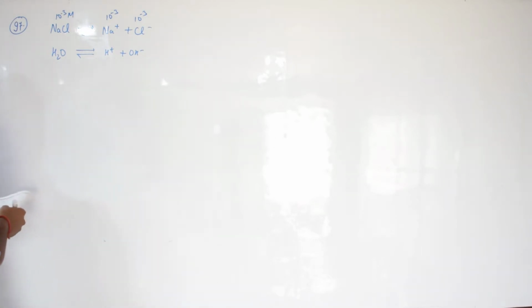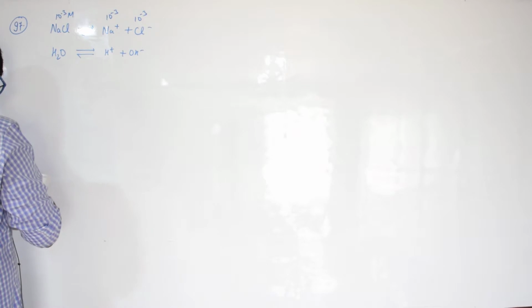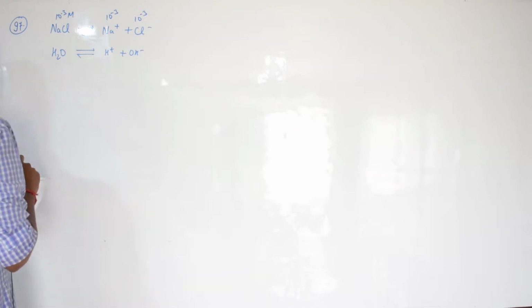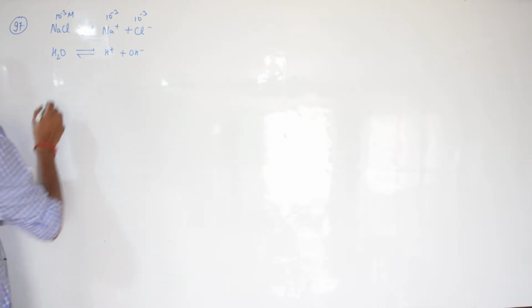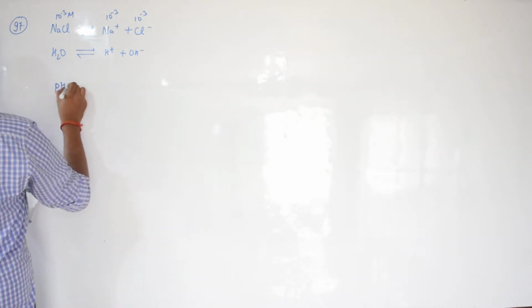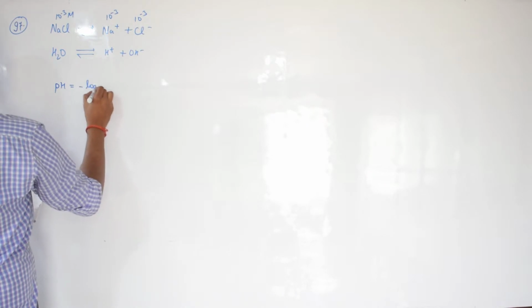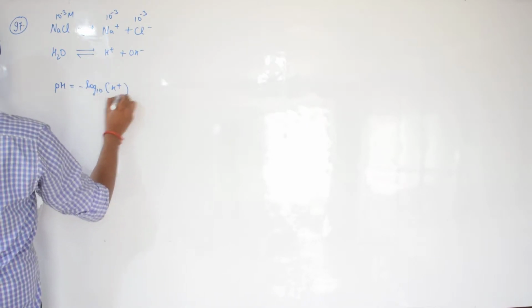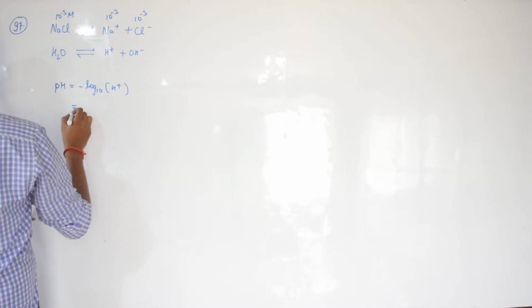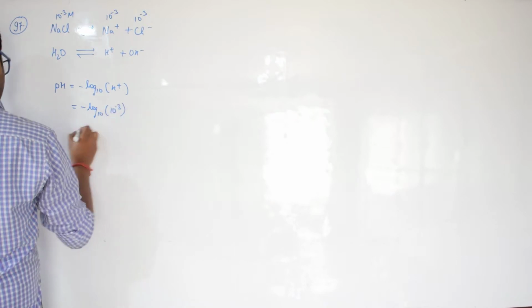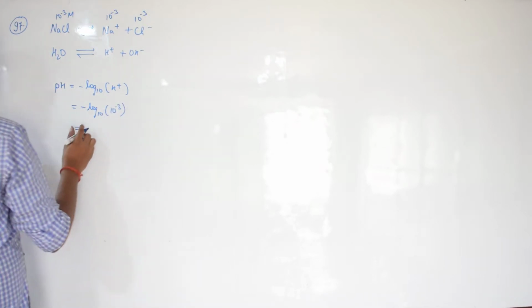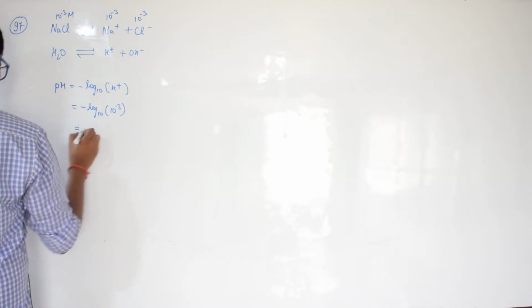So, if we have a 10 raised to the power minus 3 solution of NaCl, the pH would be equal to minus log 10 of the concentration of H plus ion, which would be equal to minus log 10 of 10 raised to minus 3, or it would be equal to 3.